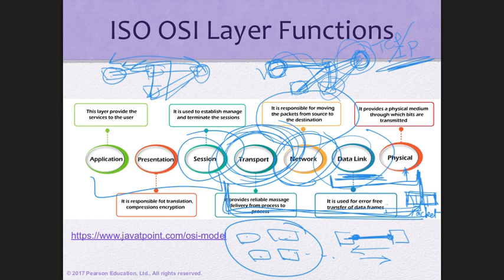Okay. The next level is presentation. Now, presentation has to do with upper layer things that you need to do with your data. For example, to secure the data, you need to perform encryption. Encryption and decryption, okay? Is handled by the presentation layer. If I have a bit of a slow system, but a large amount of data that I need to send over that system, I might need to do some compression of the data.